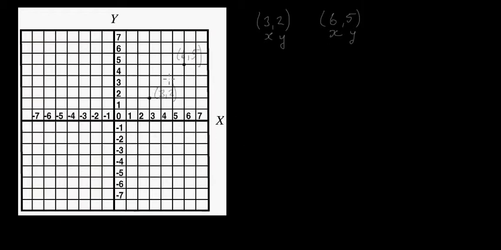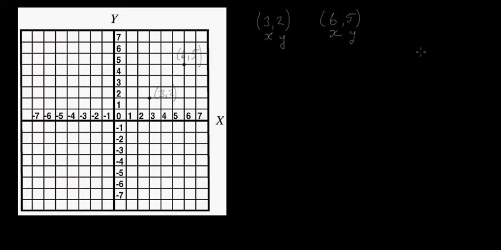So we've drawn 2 points in this particular quarter of the XY plane, or the Cartesian plane. You'll notice here that the two-dimensional plane is broken up into 4 sections. This is section 1, this is section 2, this is section 3, this is section 4.